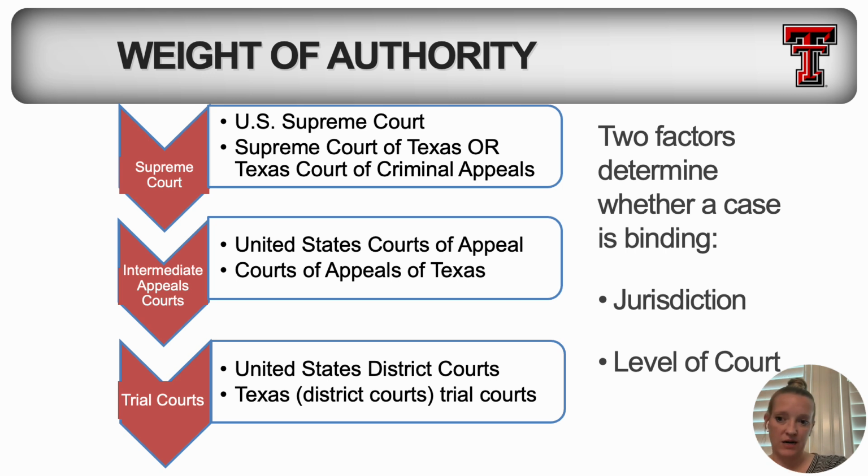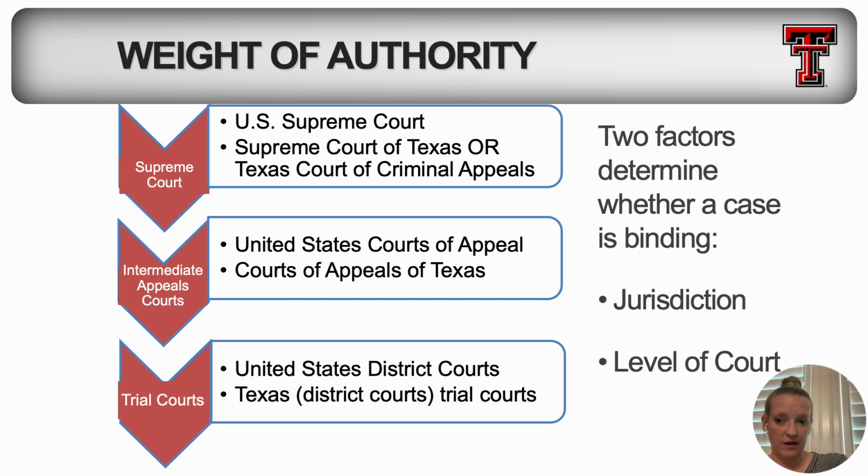So if we were in an intermediate appeals court, a relevant case from the Supreme Court would be binding, whereas a relevant case from the trial courts or our district courts would not be considered mandatory, but would instead be persuasive, right?